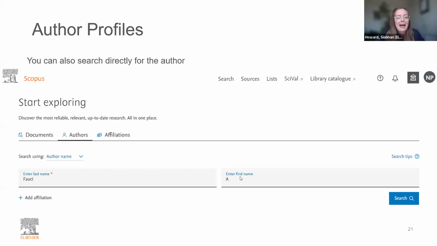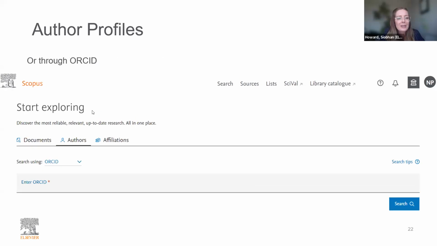The third way is, still within that same authors subtab, you'll notice now that rather than search using their naming conventions, we are searching directly with the use of an ORCID identifier. And this is, again, best data quality practice: ensuring that Scopus author profiles have a linked ORCID ID.